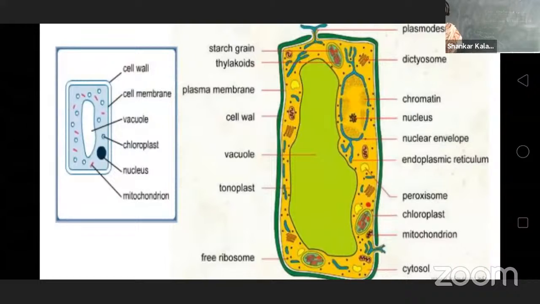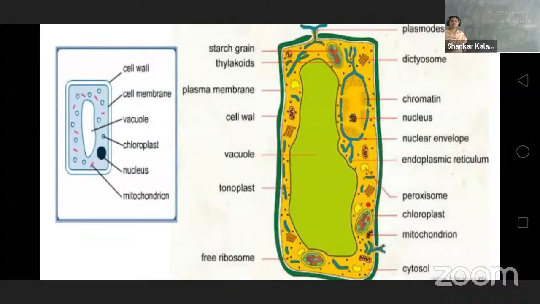There are parts of this cell. The cell has two outer main parts. You can see the plant cell has two layers, 1 and 2, and inside is the nucleus, and many parts are inside this.